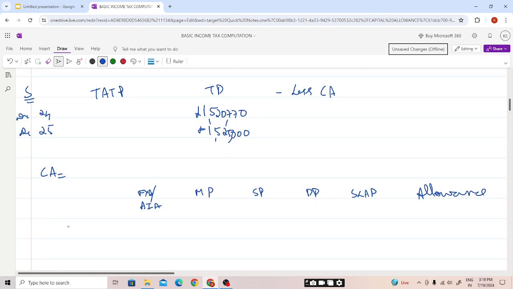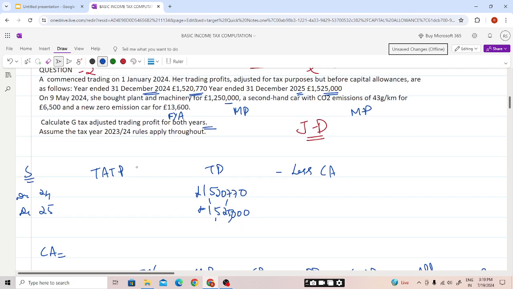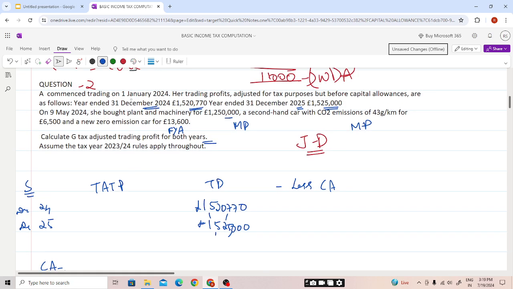First we need to start with tax written down value brought forward. But here students, they commenced trading on 1st Jan 2024. I hope this is clear. So we will not have any tax written down value. Now we need to see any additions. Additions are there.